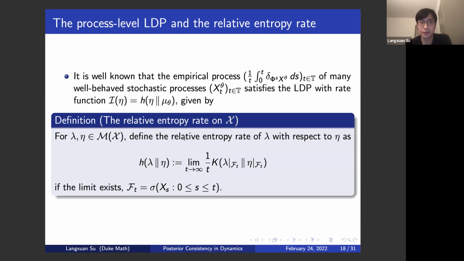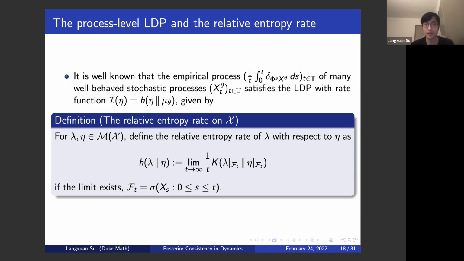It's defined as follows: if we have two measures on the path space, then the relative entropy rate of lambda with respect to eta is given by the limit as t goes to infinity of 1 over t times the classical relative entropy of lambda and eta, restricted to the sigma algebra up to time t. So you only restrict your measure to the path up to time t, measure the relative entropy of that, then take 1 over t and let t go to infinity.